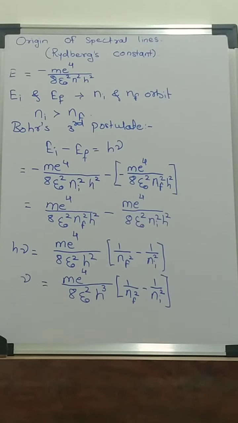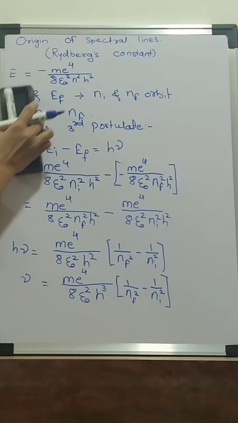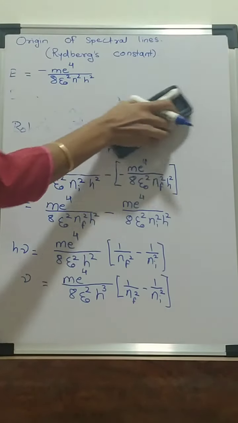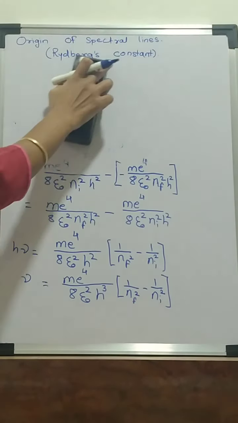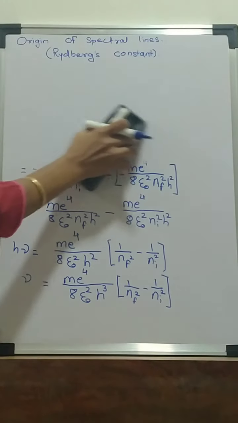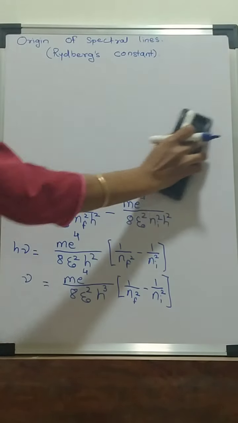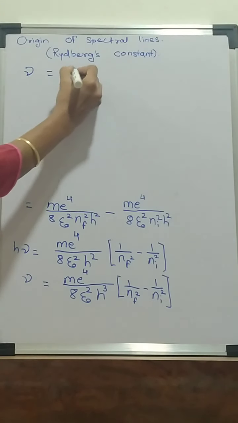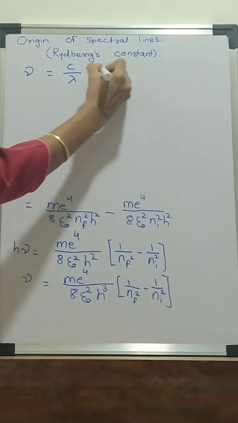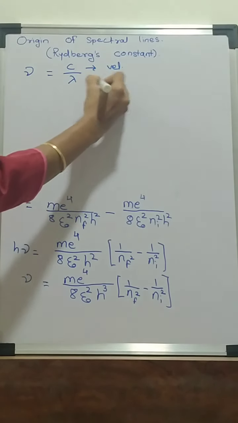Nu is the frequency, and the frequency in terms of wavelength can be written as follows. What is the relation between nu, c and lambda? Nu is nothing but c by lambda, where c is the velocity of light and lambda is the wavelength.